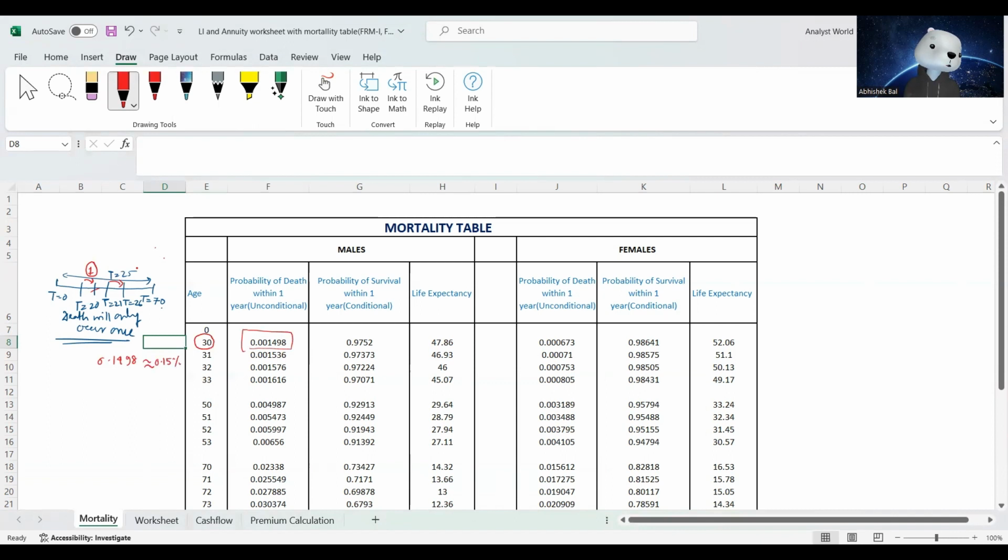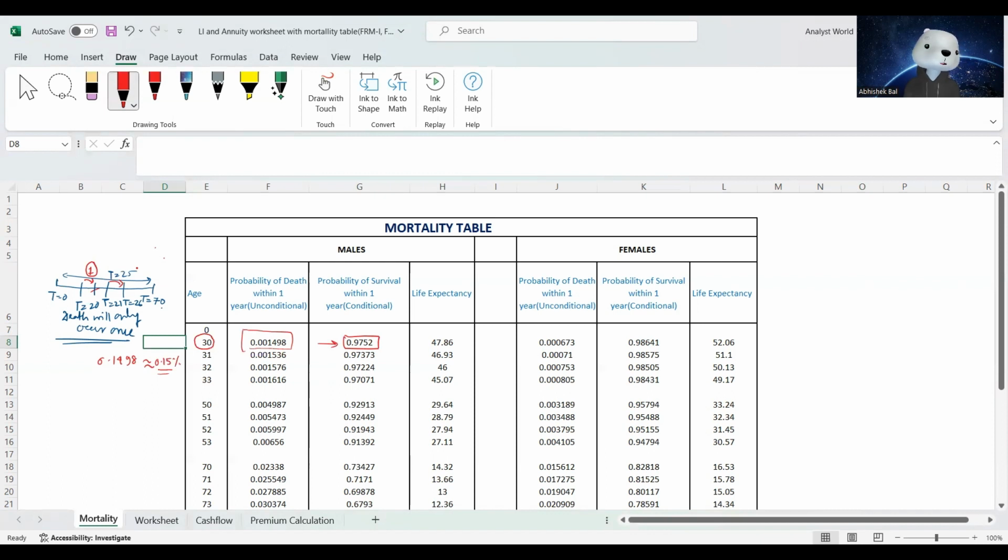Now, if he does not die, what is the probability that he is going to live up until his 31st year? Well, the possibility that he's going to live up to his 31st year is conditional on two things. First of all, he will have to live up until his 30th year to see the 31st year, which is to say we are really talking about a cumulative probability of a person who was born, let's say, 30 years back.